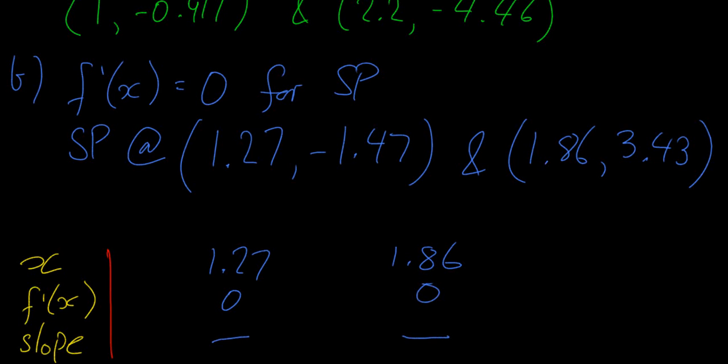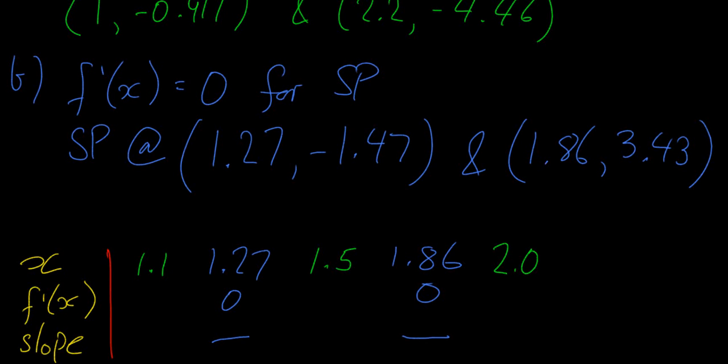Now after that, we can jot in some values in between. So what's in between 1 and 1.27? We'll use 1.1 here, because that's within our domain between 1 and 2.2. Use 1.5 here. That's fine. And we'll just put down maybe just 2 over here, 2.0.